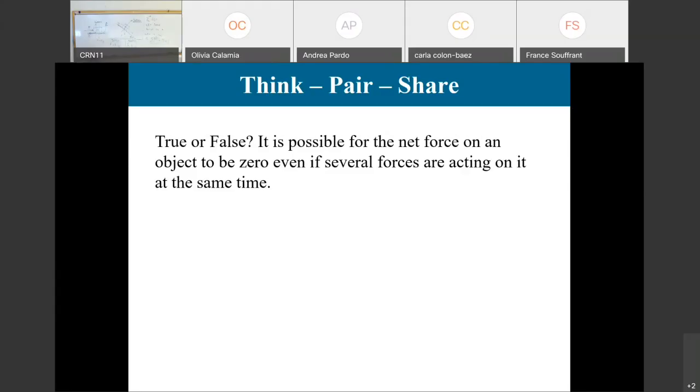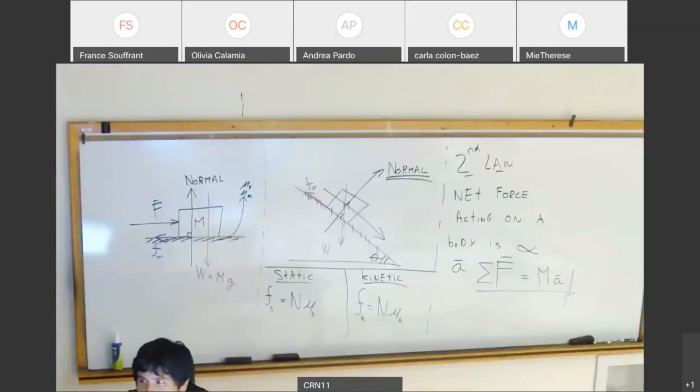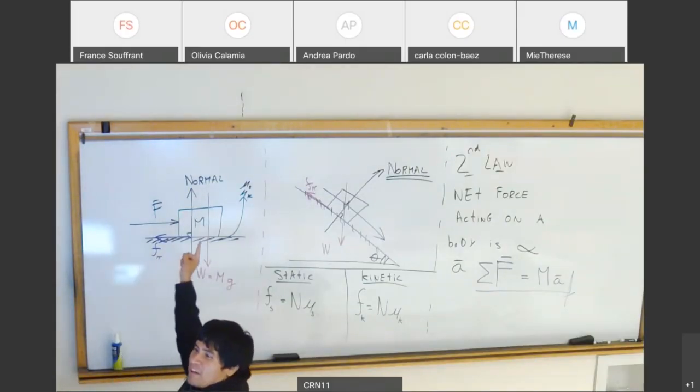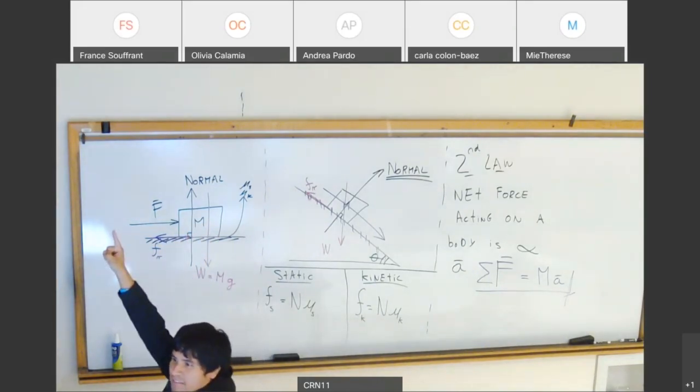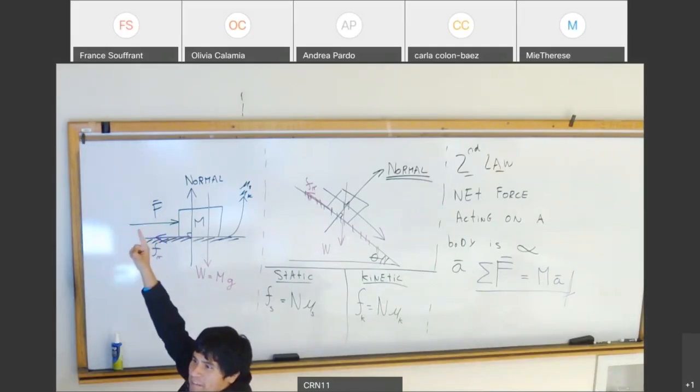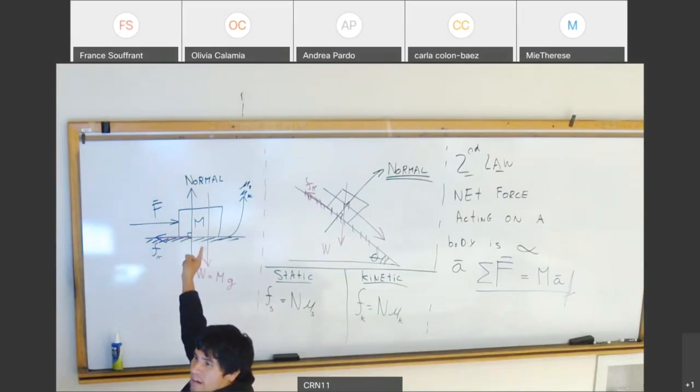Let me show you what I did on the board. Look at the first graph I made. I'm going to say that this object wasn't moving. There was a force acting there. This one. But there's also the friction. So there are other forces acting on it. The force of gravity and the normal force.